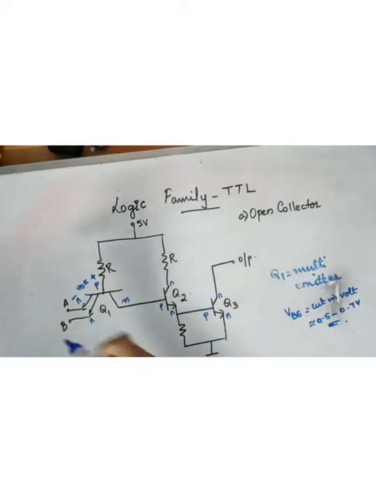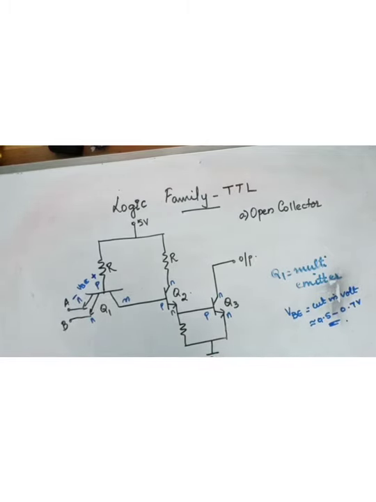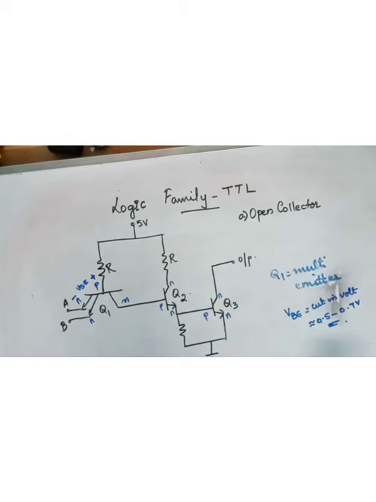So what should the value at A and B be so that this particular transistor is on? Here we are dealing with digital circuits, so I'll talk in terms of zeros and ones. 0 means low and 1 means a high voltage. So should you give a high or a low to A and B so that this transistor is on?